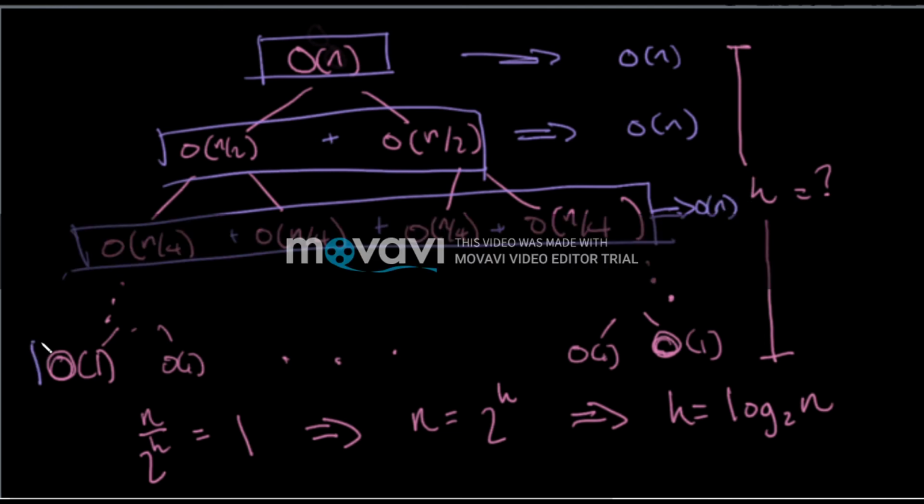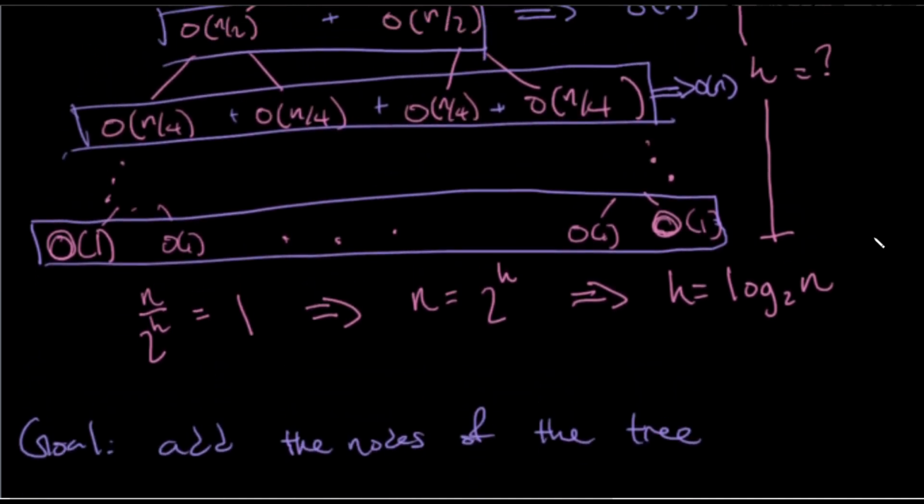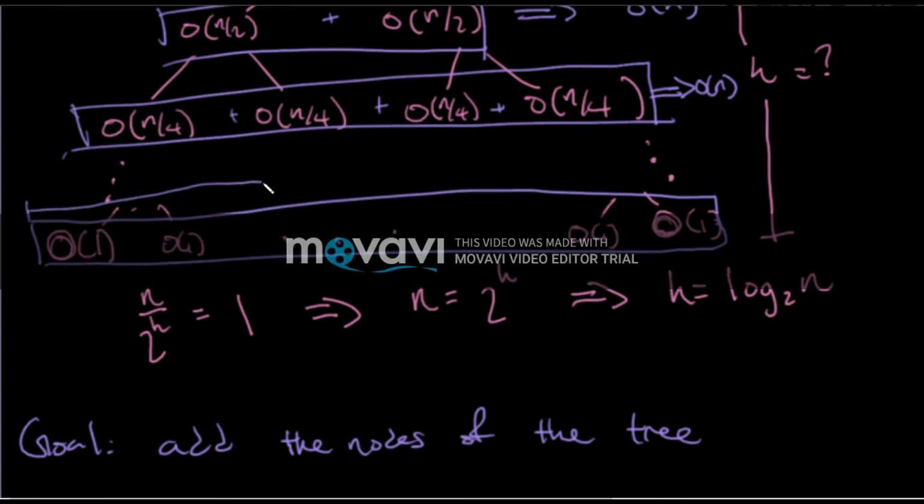You can also make the same argument for this last layer here, because how many leaves or how many nodes are in this last level? How long is this? Let's call this L, the number of leaves.